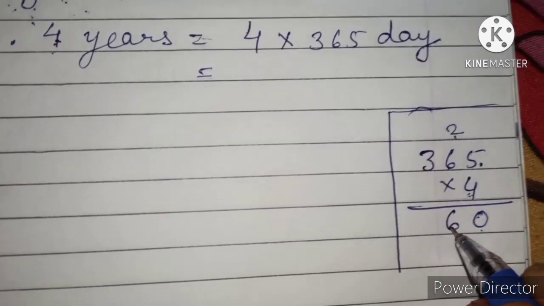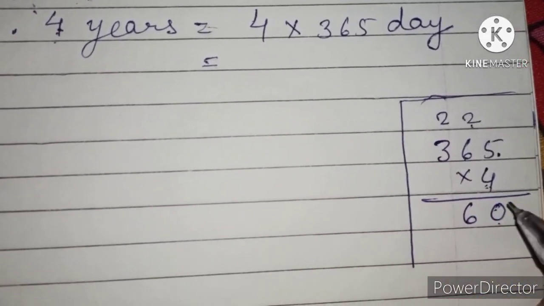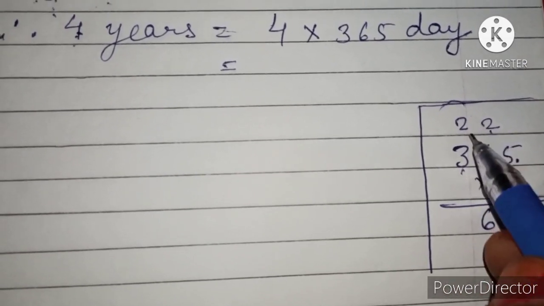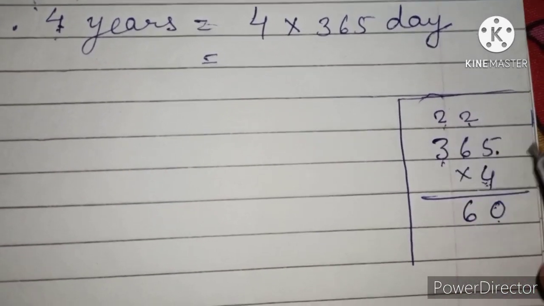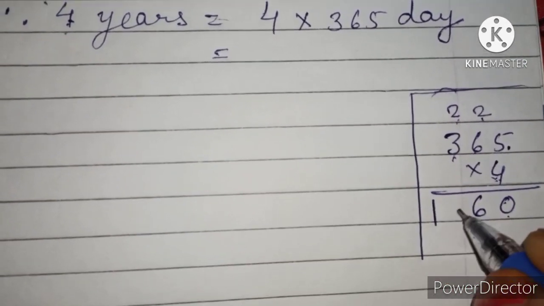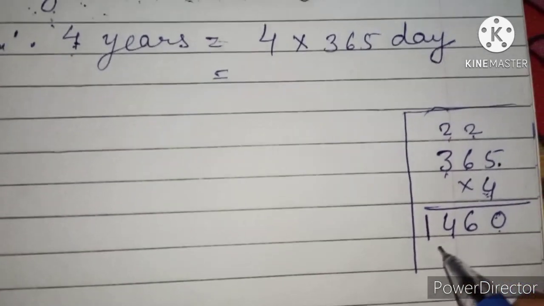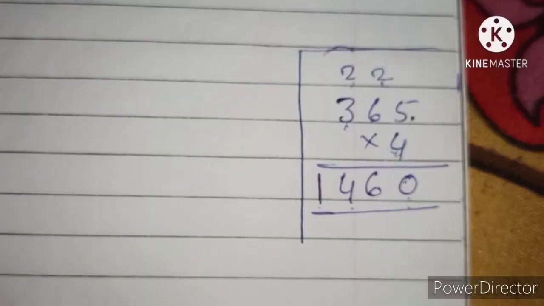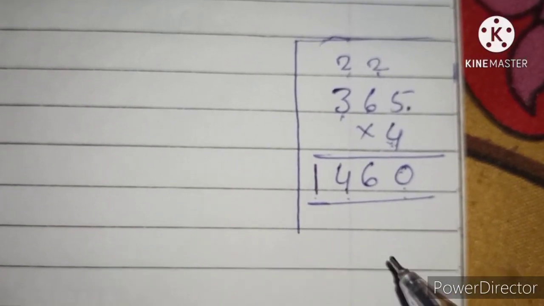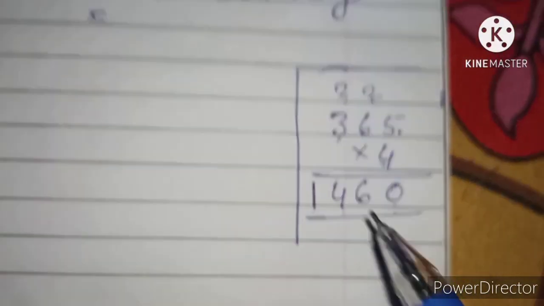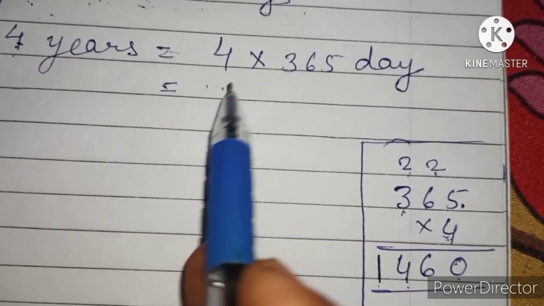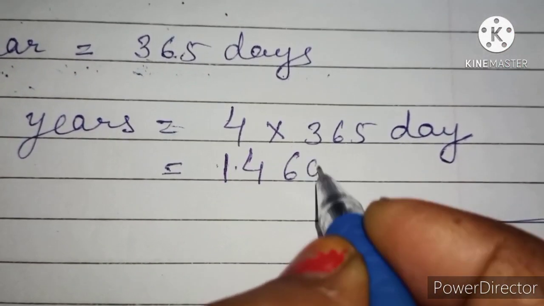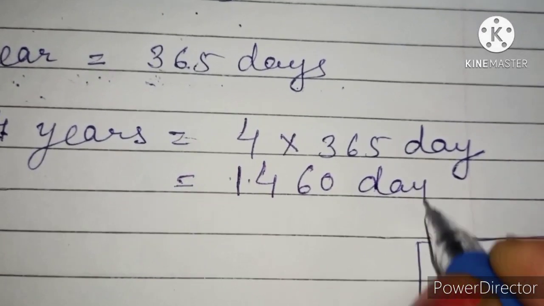So 6 write down, 2 carry. 4 3s are 12. 12 plus 2 is 14. So the answer will be 1460. Now we have to write here the answer, 1460 days.